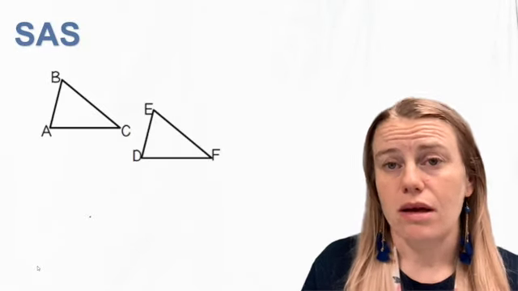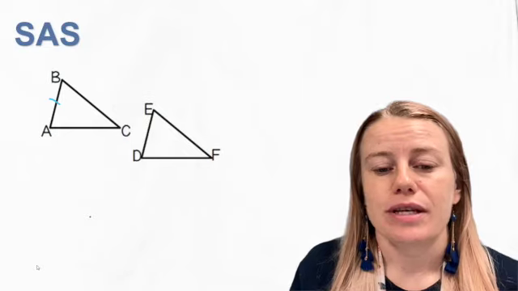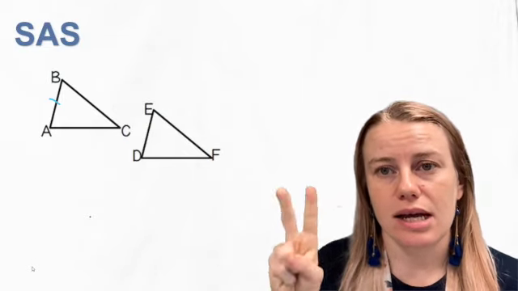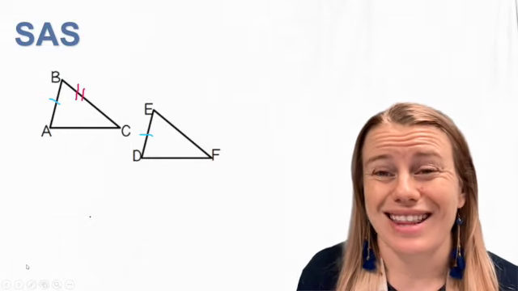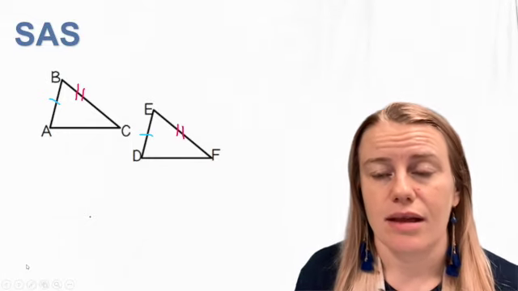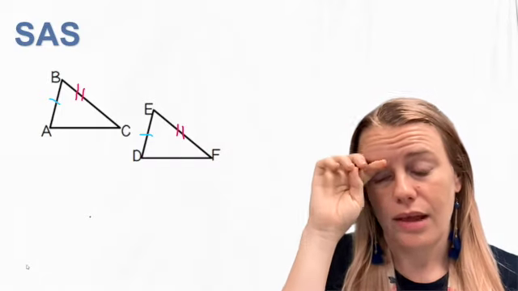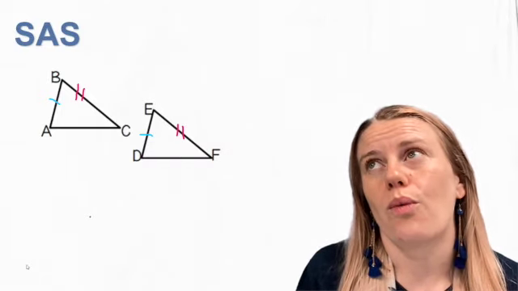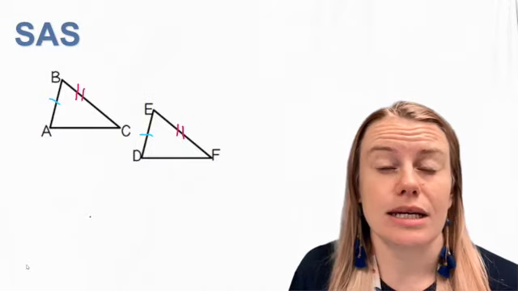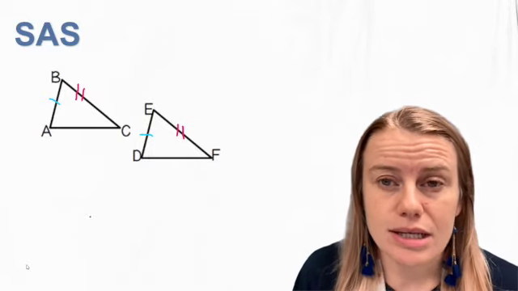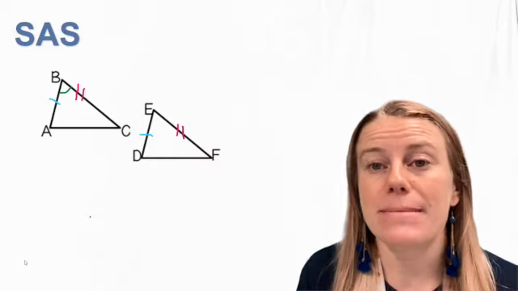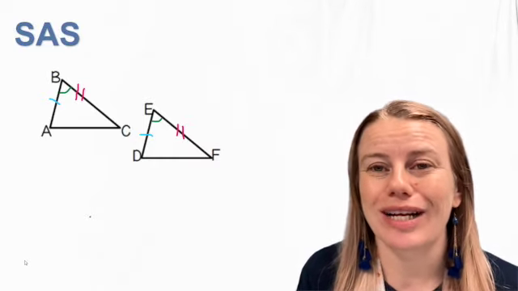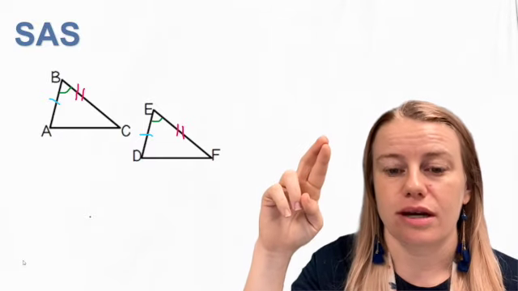So what does that mean on our triangles? We got our two triangles, and we're looking for side, angle, side. So if this side is congruent to this side, and this side is congruent to this side, there's our two sides. The theorem says the included angle, so that means it's got to be in the middle, in between, or included with those two sides.